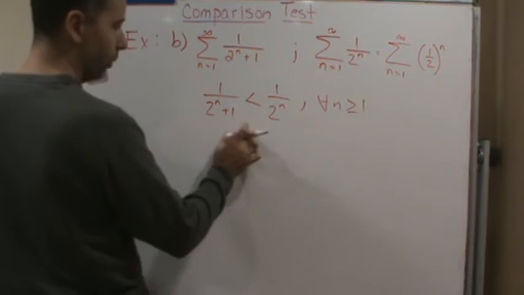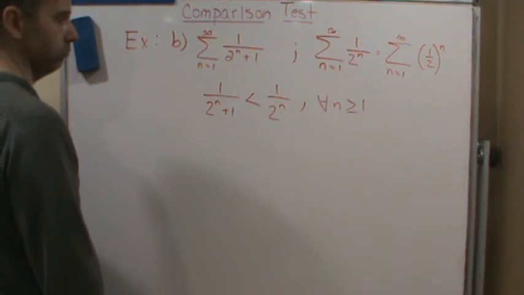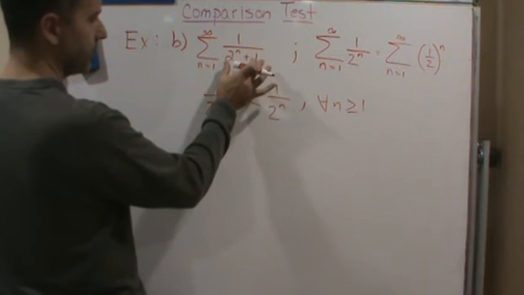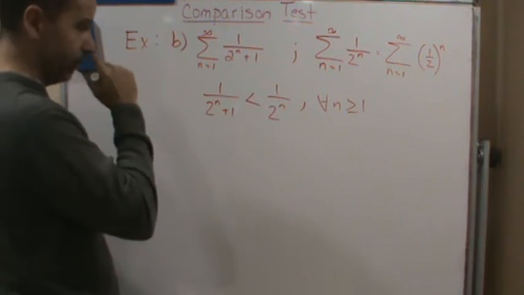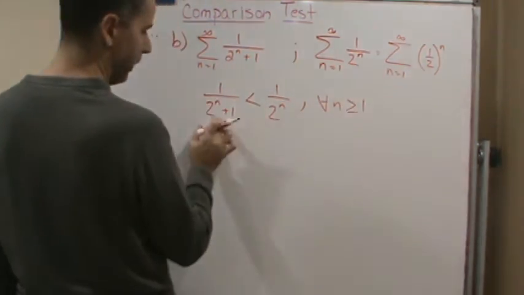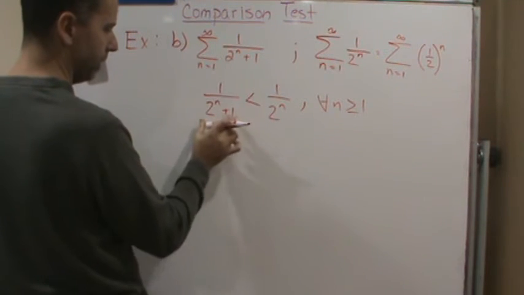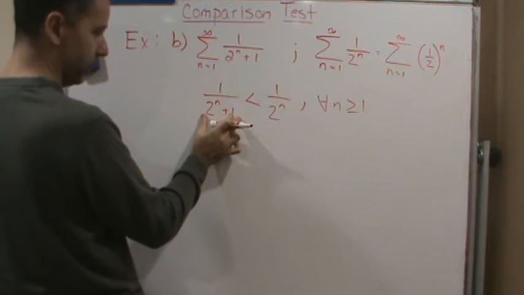Since this is always true, oh, by the way, also notice that this is positive and increasing in n, right? So, since this is always true and this is convergent, we know that these partial sums are bounded. So the partial sums for this expression are bounded from above.